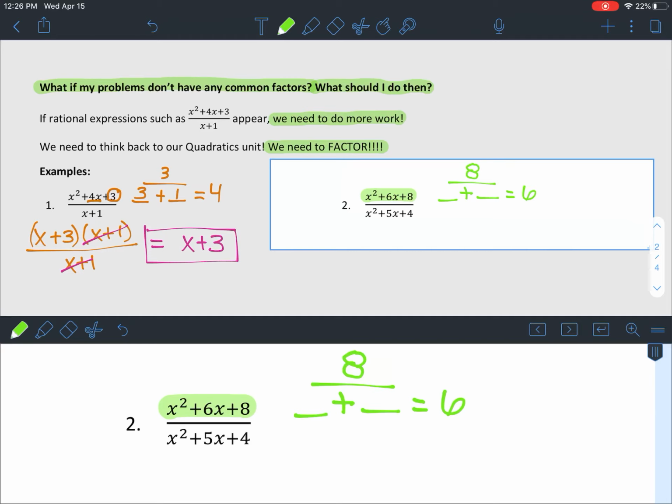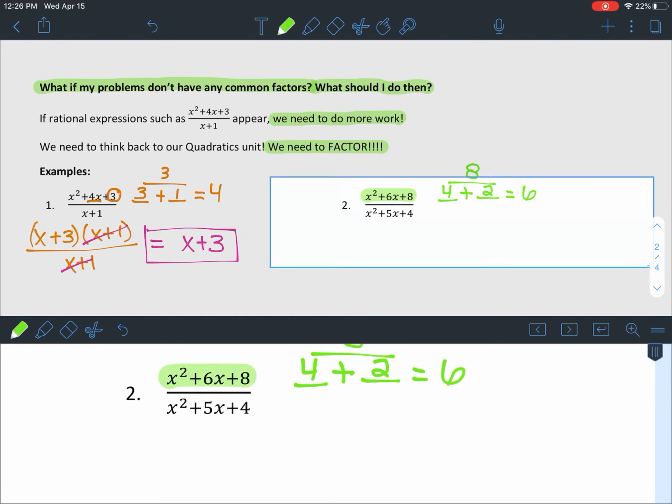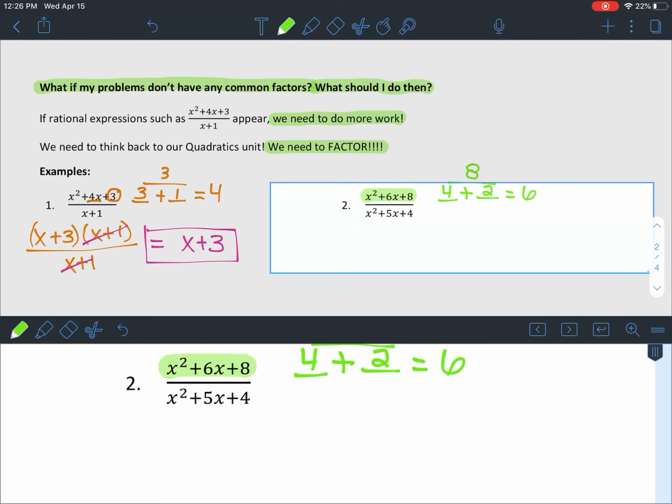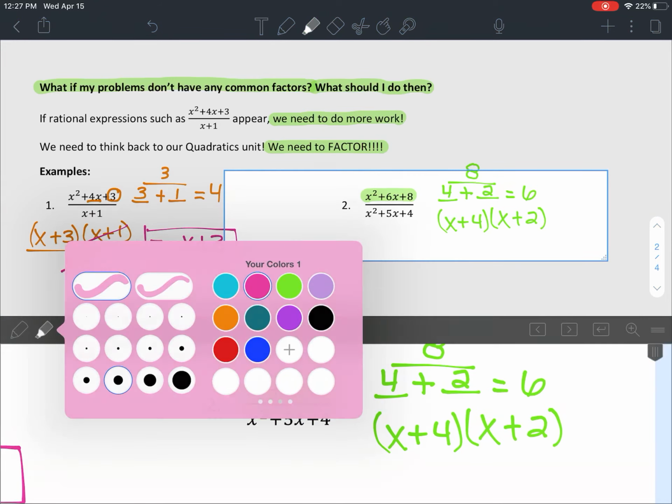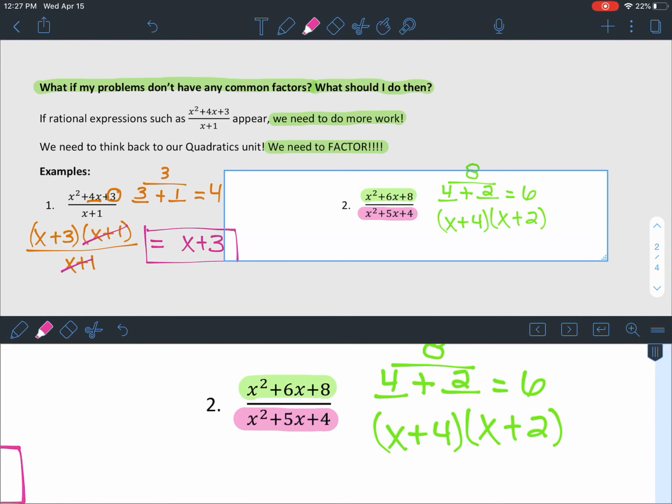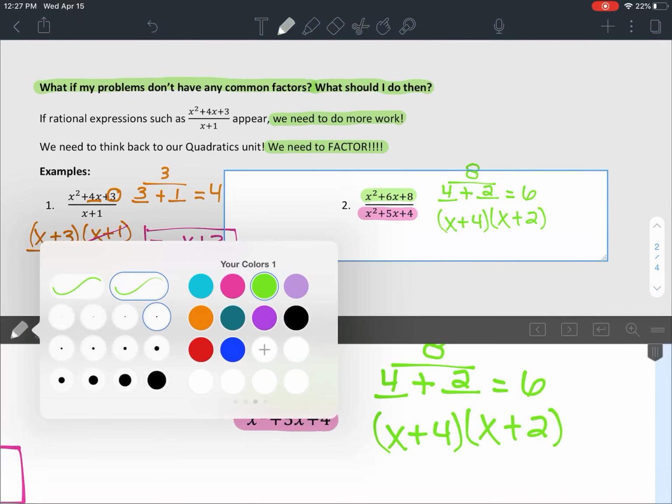Two numbers that multiply to give me 8 but add to 6 are 4 and 2. So 4 times 2 is 8, 4 plus 2 is 6. So when I factor that top one in green, I'm going to end up with x plus 4 times x plus 2. Now I'm going to come over here and pick a new color. Let's do pink. Pink is going to be my bottom one.